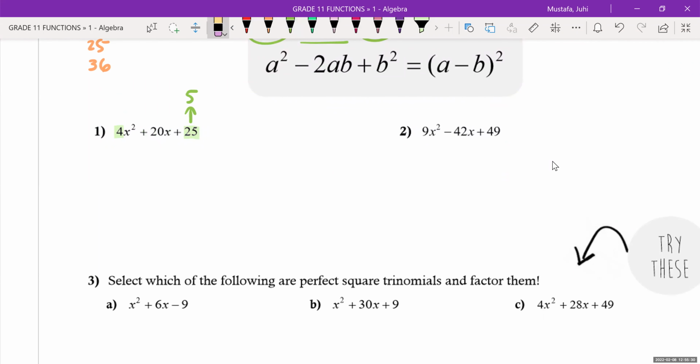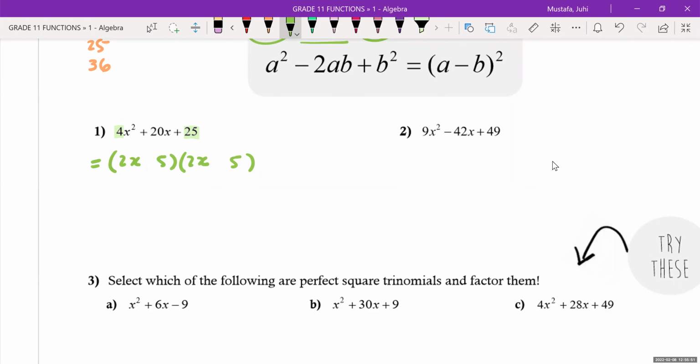Yes, it is. So this is an example of a perfect square trinomial. And when I have an example like this, in order for me to factor it, I'm not going to do any of my old tricks. I'm just going to go ahead and guess the square root of each number. So the square root of 4 is a 2. That means it's going to be 2x and 2x. The square root of 25 is a 5. So it's going to be 5 and 5.